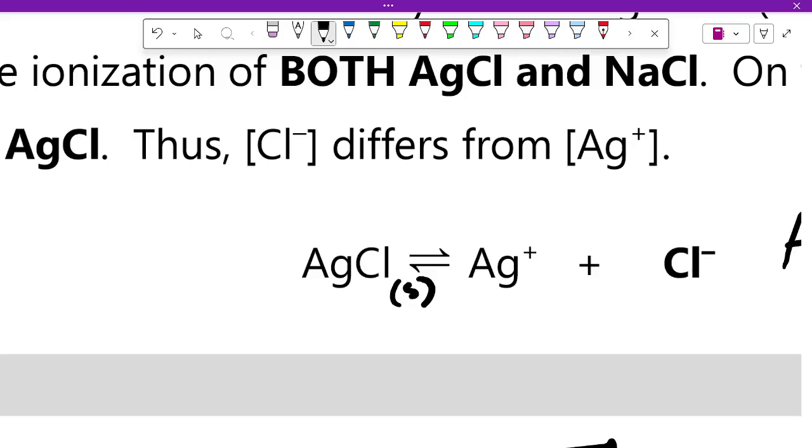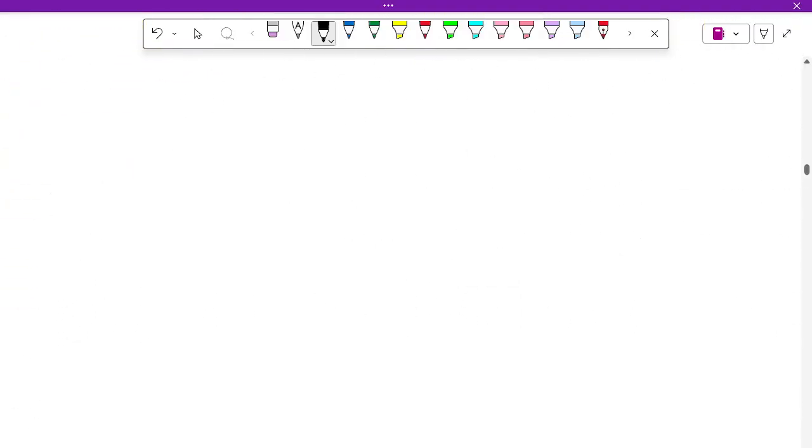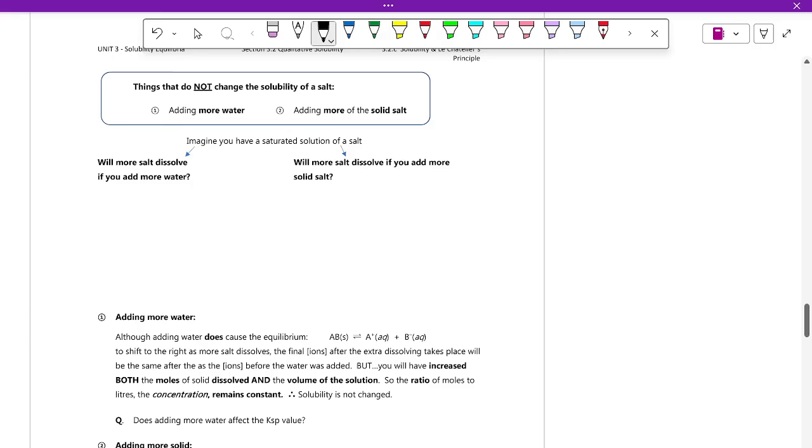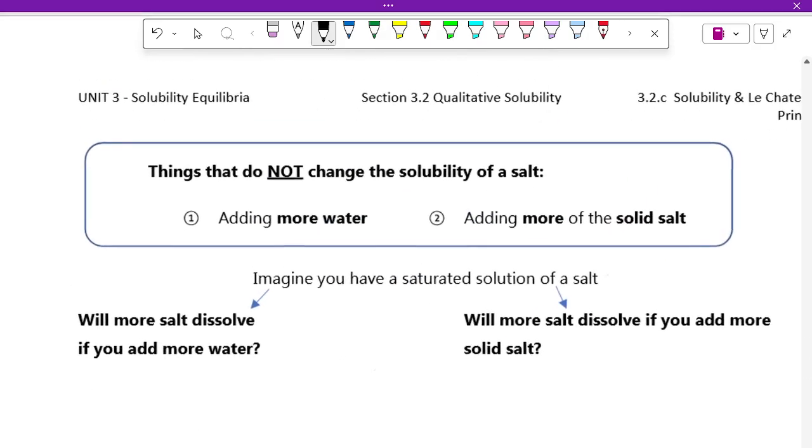Can I change the solubility of silver chloride by adding more water? No. More will dissolve, but you also have more volume, so the concentration will end up being the same. So things that do not change the solubility of a salt: adding more water, adding more of the solid salt.